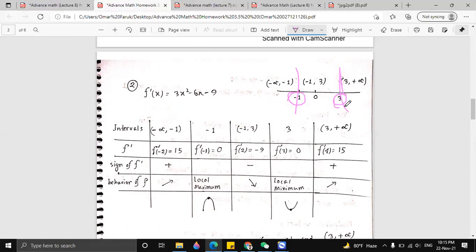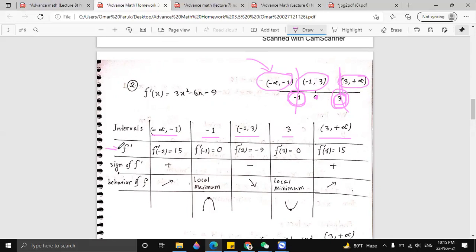This 0 is nothing, I just wrote it like a symbol. So our intervals are from -infinity to -1, then from -1 to 3, then from 3 to plus infinity.